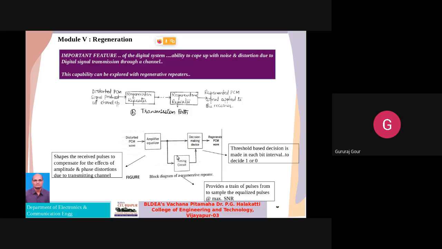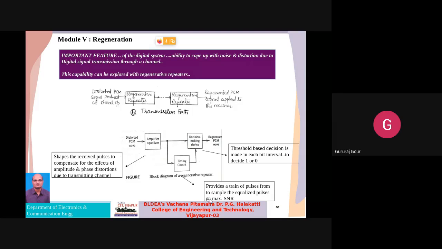In simple words, this timing circuit is taking the output of this equalizer, that is a train of reshaped received pulses, and is used to take the samples at the instant where we are getting maximum signal to noise ratio.